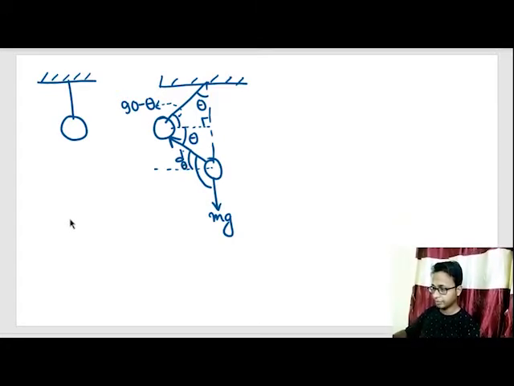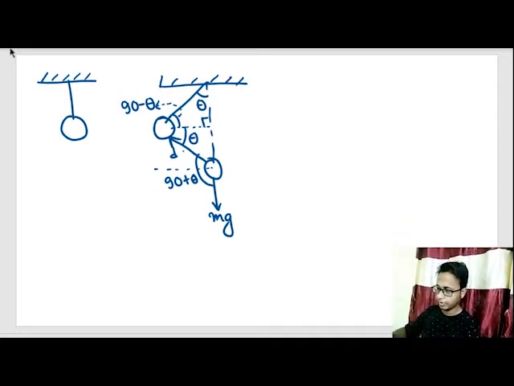And this perpendicular line with this line makes an angle of 90 degrees. Okay. So you all understood how I got this theta. So this entire angle is nothing but 90 plus theta. Okay. This much was understood.